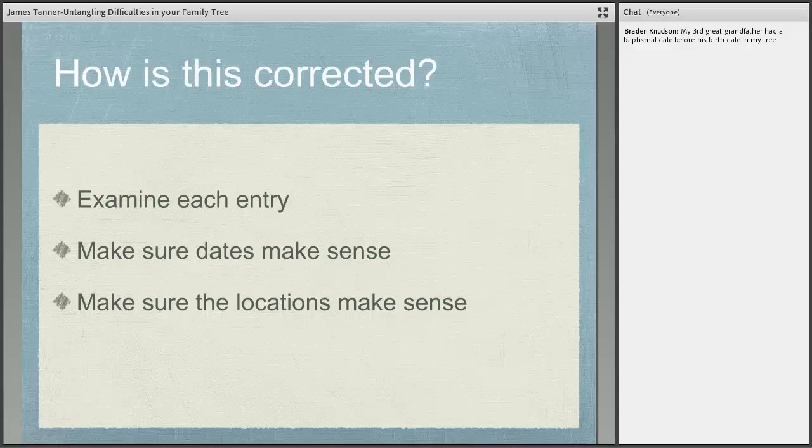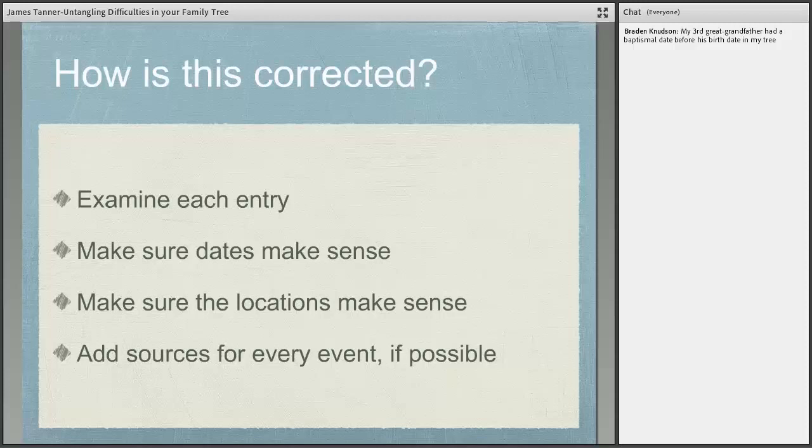But in more recent historic times, back in the 1800s and into the 1700s, the possibility that someone would have married someone or have been having children in more than one county or more than one state was probably not possible as well as reasonable. So it's very important to make sure that the locations make sense.